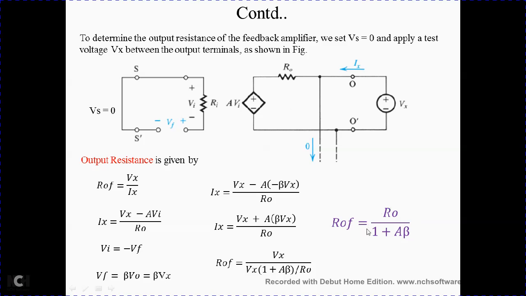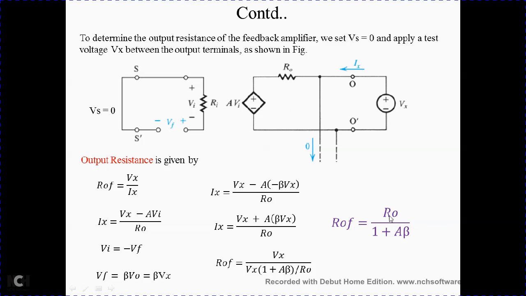Now what this tells us is that the output resistance is decreased by a factor of 1 plus A beta if you have feedback. For a voltage amplifier, the output resistance with feedback is reduced by a factor of 1 plus A beta compared to the original output impedance of the amplifier alone, without feedback.